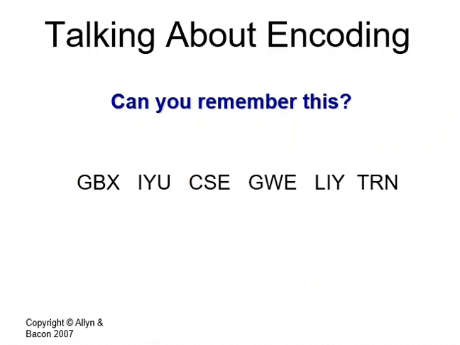All right, so going through these basic tasks of memory a little bit more in detail, like I said, the first task is encoding. So we have encoding, storage, and retrieval. Here's a list. I want you to go ahead and try to remember this. I'll give you a minute.